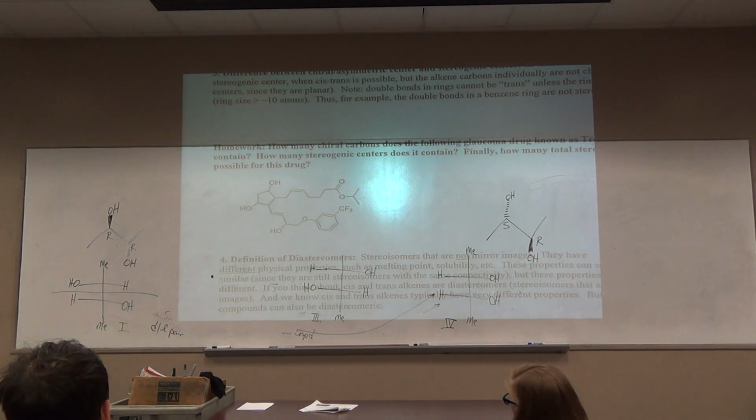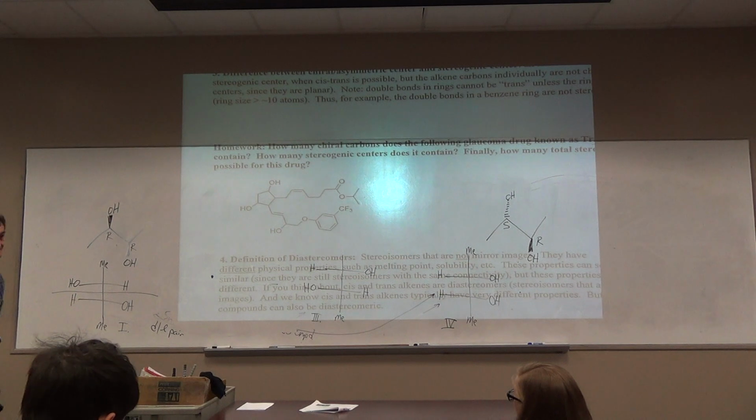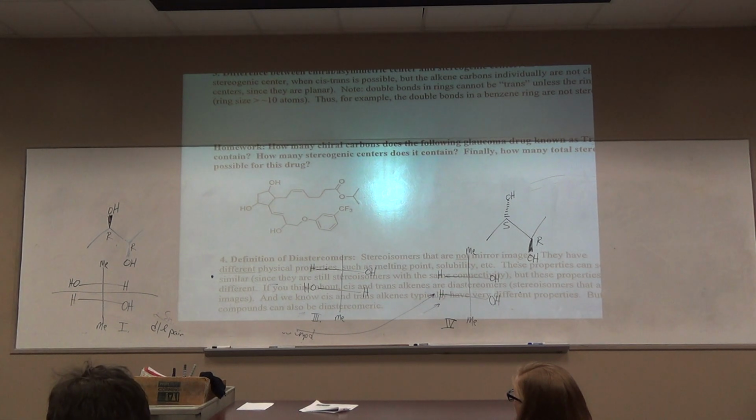Of the 128, how many DL pairs would you have? Because if you drew the 128, you'll see that 64 of them have a mirror image, and that would be the other 64.